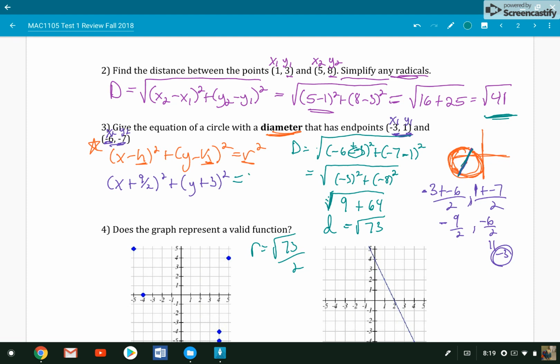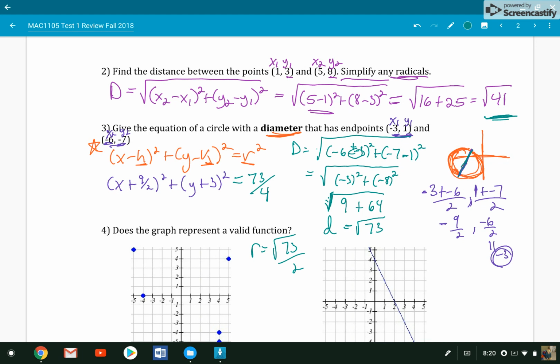They cancel out, so it's just 73 on the top, and on the bottom, if you square the 2, you get 4. Again, I'm just saying r squared is going to be the square root of 73 over 2 all squared. So the squared and square root cancel out to give you just 73, and 2 squared is 4.